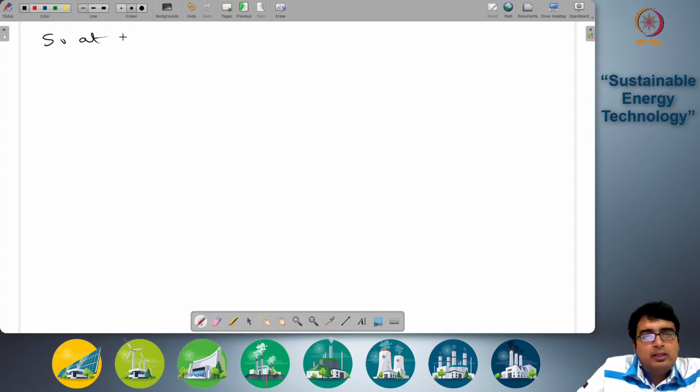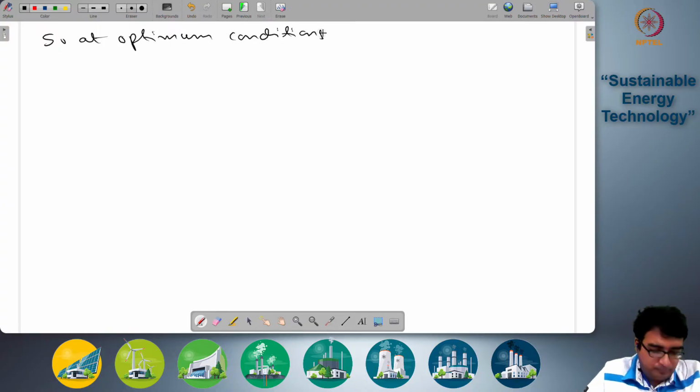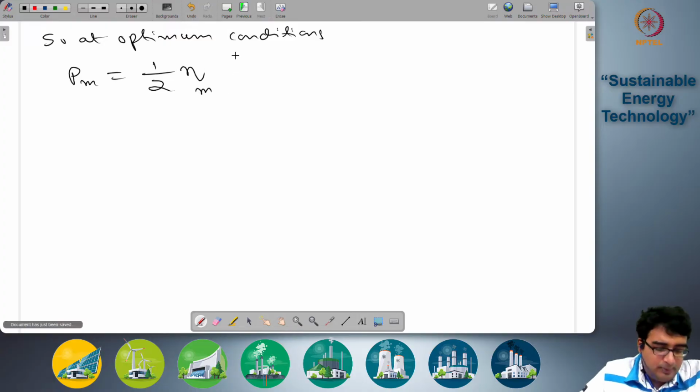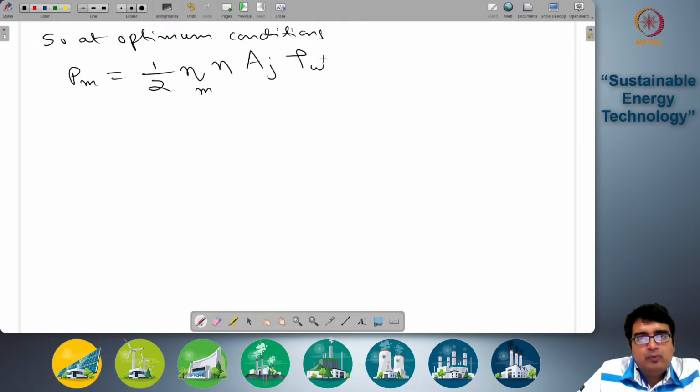So at optimum conditions, Pm is equal to half eta m into number of nozzles N into the jet area Aj into the density of water rho W into 2G into available head to the power 3 by 2.